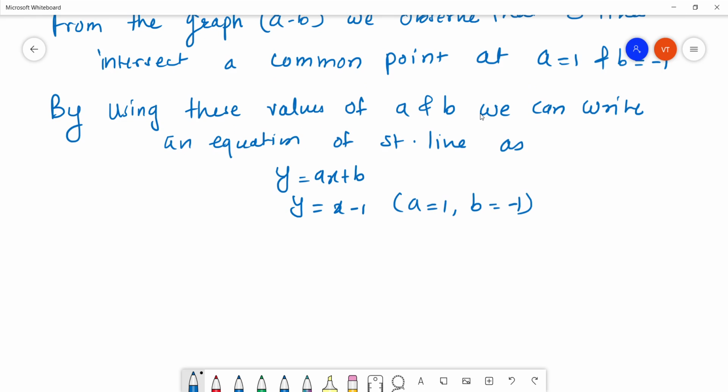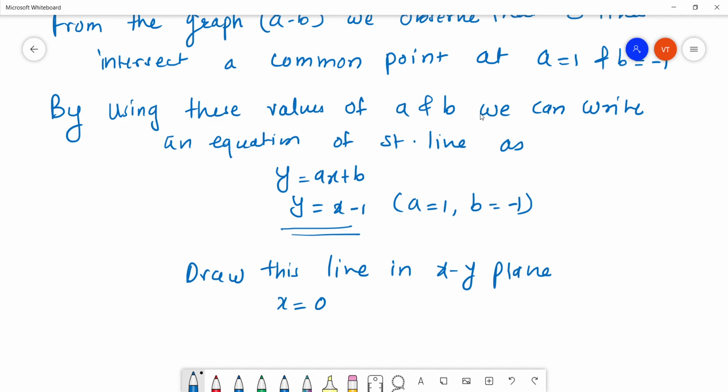Now we have to plot this line in the xy plane. Again you can consider x equal to 0, y will be equal to minus 1. Then x equal to 1, y will be equal to 0 and so on. So you will get all the x and y values and then you will plot.